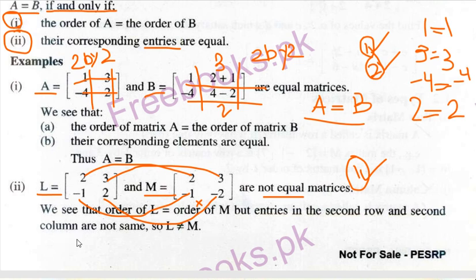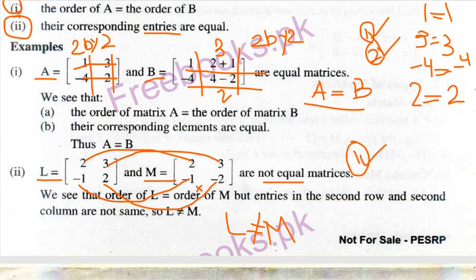We see that the order of L equals the order of M, but the entries in the second row and second column are not the same. So L is not equal to M.